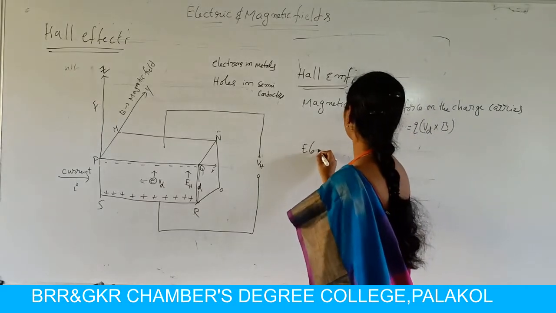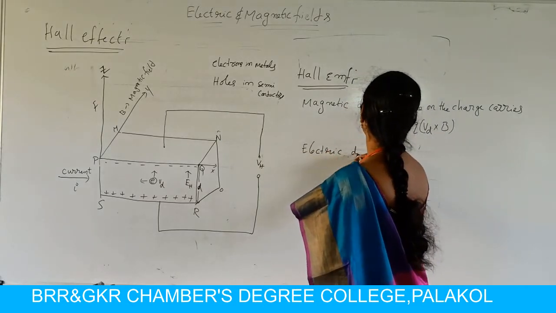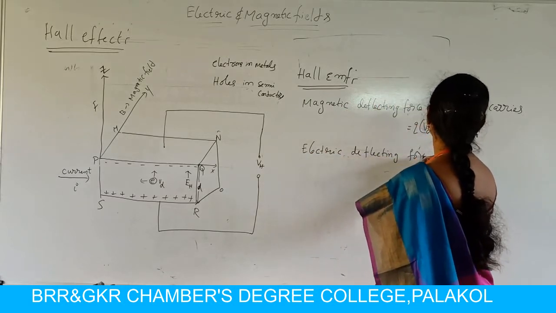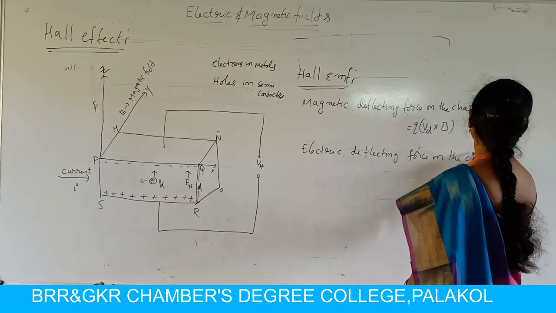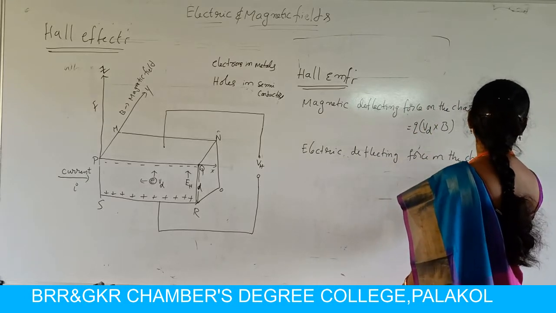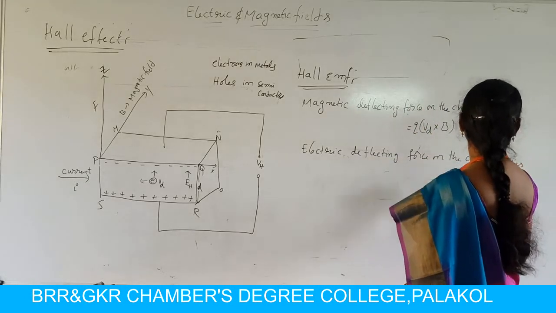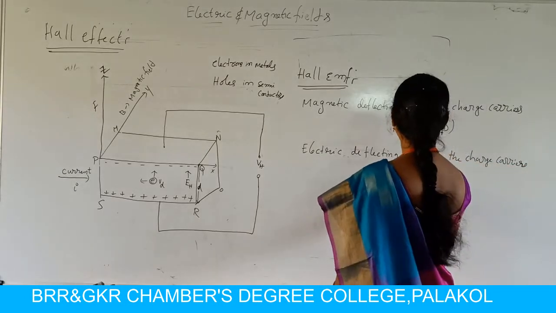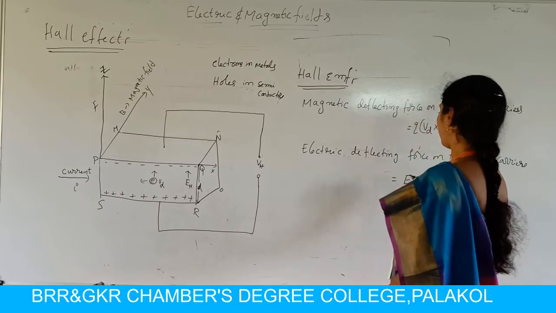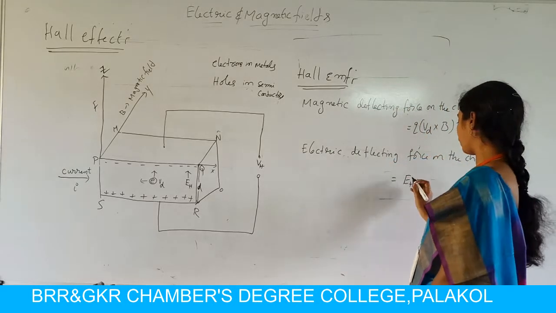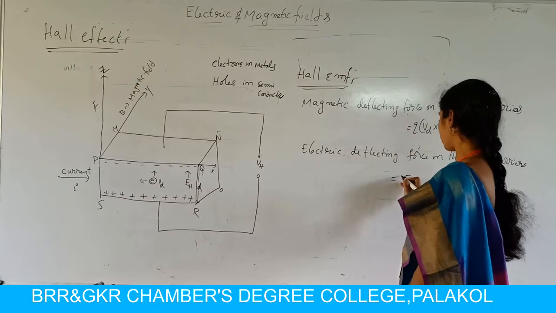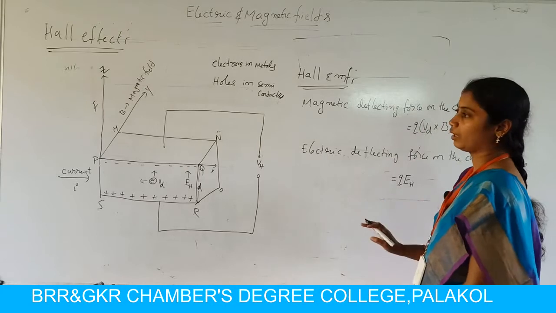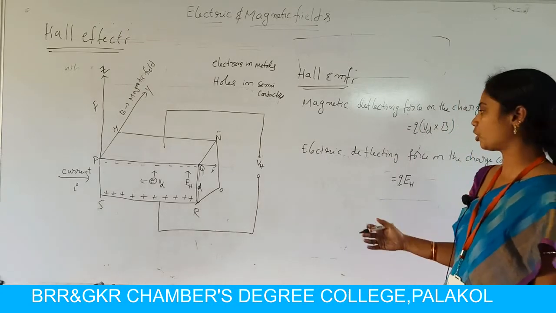So the electric deflecting force on the charge carriers, here the field created by Hall is the Hall electric field, hence we write it EH. Here Q into EH is the Hall electric deflecting force on the charge carriers.